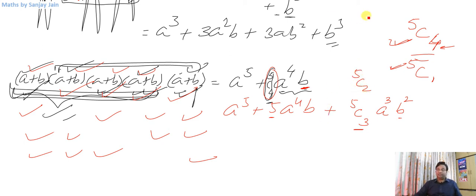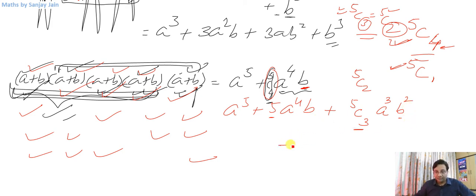We have studied it in permutations and combinations, that 5c3 equals 5c2. And it has to be equal, because the number of ways of selecting 3 things out of 5 has to be equal to the number of ways of rejecting 2 things out of 5, right? So when we are selecting a, we are rejecting b. When we are selecting b, we are rejecting a.